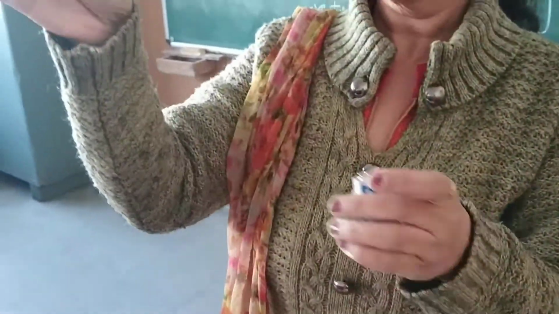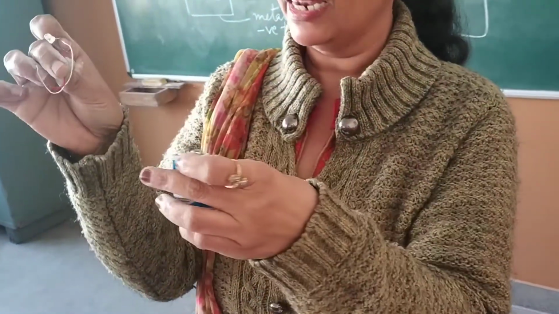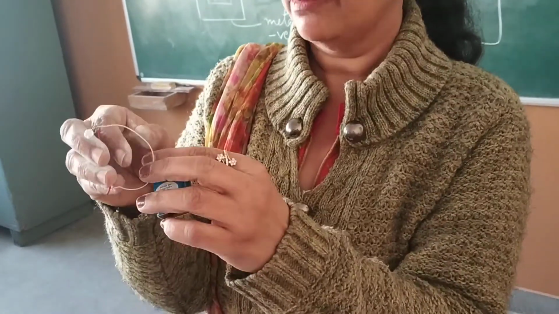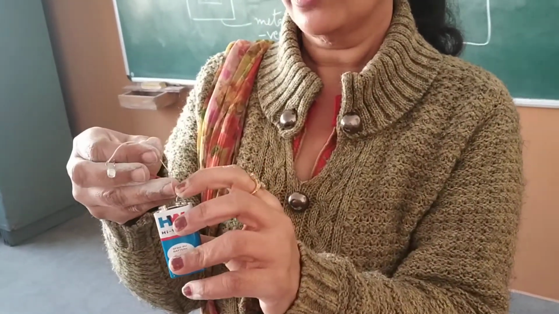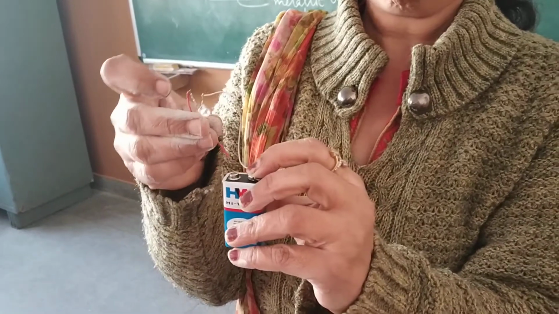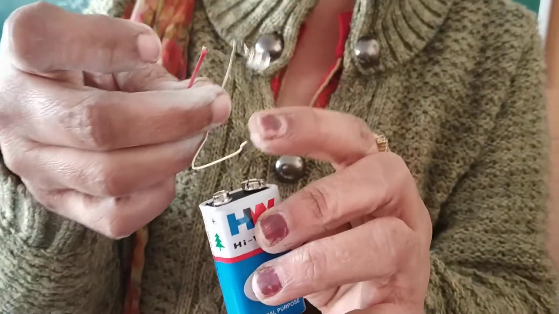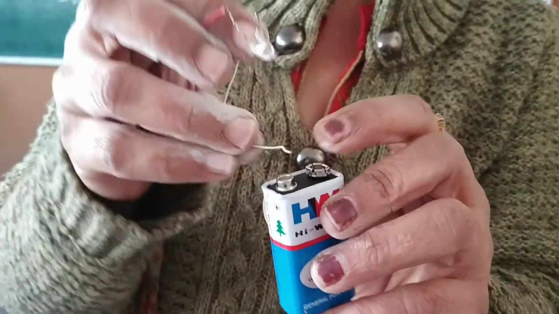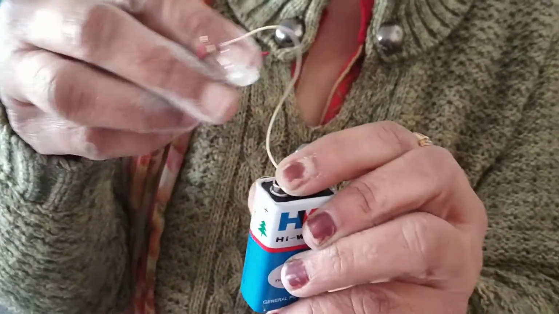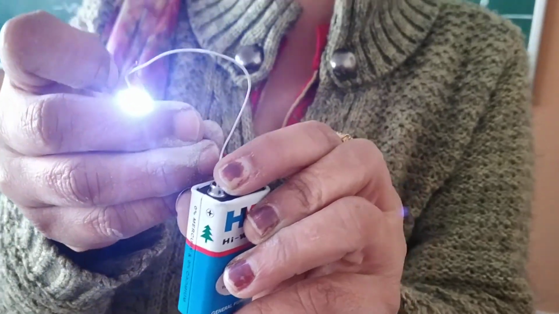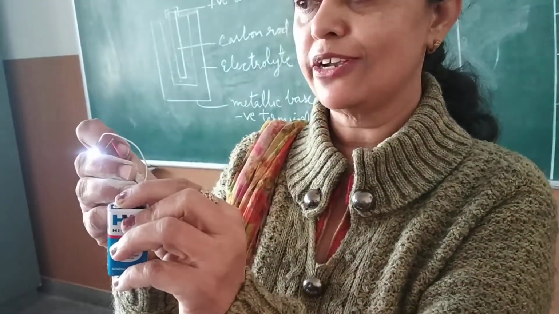Yes, you need connecting wires, LED. LED works with a lesser amount of current also. So you have to touch this positive and negative terminal, and you will be able to glow this. This is your homemade torch.